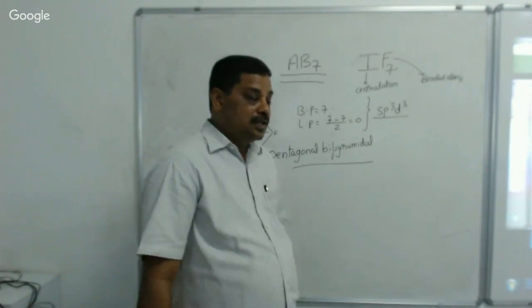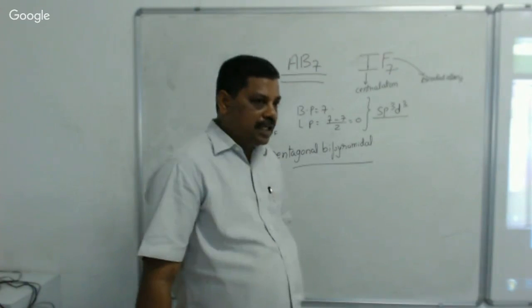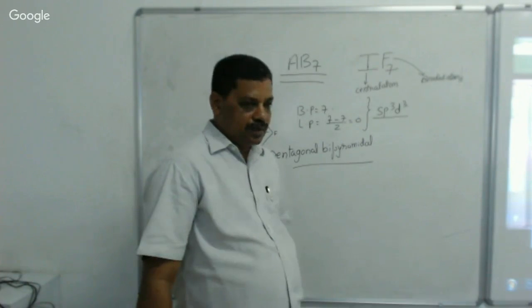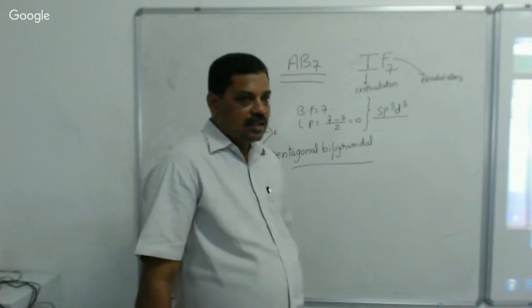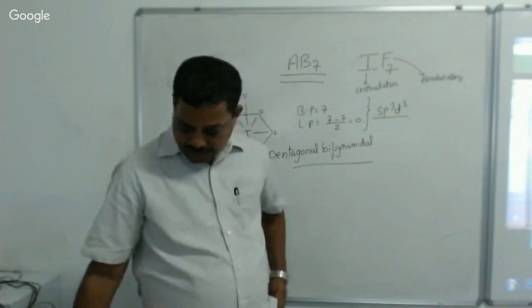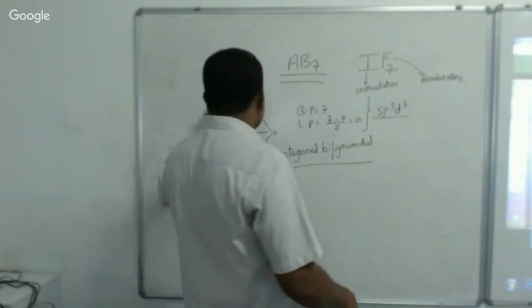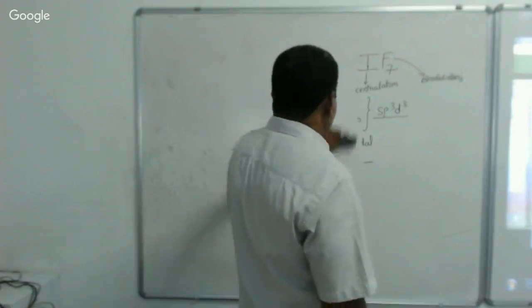But you also write one point here, a note: the only hydrogen halide that exists as a dimer is HF. It is in the form of H2F2. Mention that point.